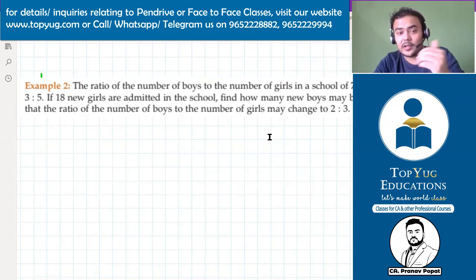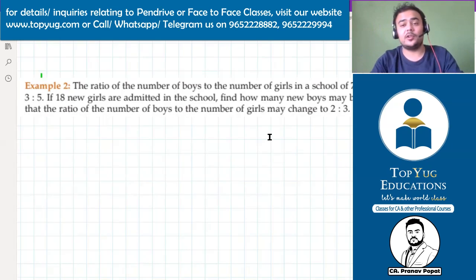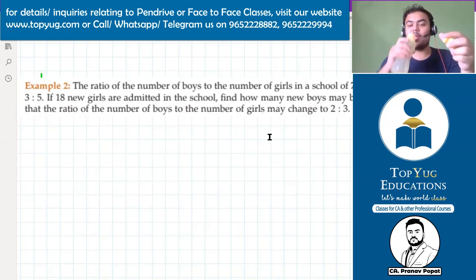If 18 new girls are admitted in the school, find how many new boys may be admitted so that the ratio of the number of boys to the number of girls may change to 2:3. You already knew some questions about ratios in partnership in 11th and 12th. If you are a commerce student till 12th, that practice will help you here.